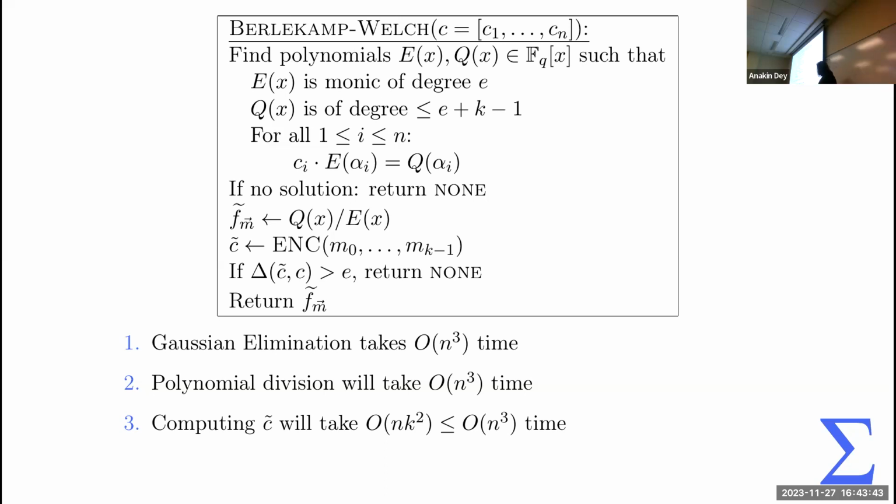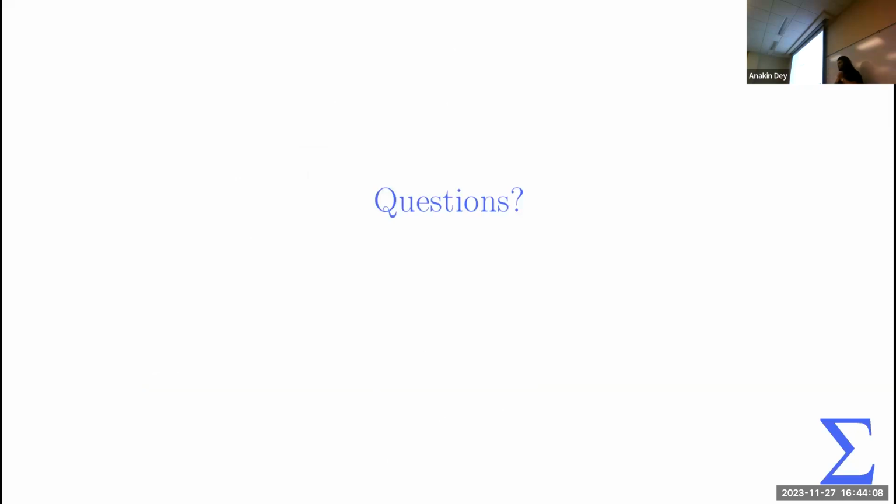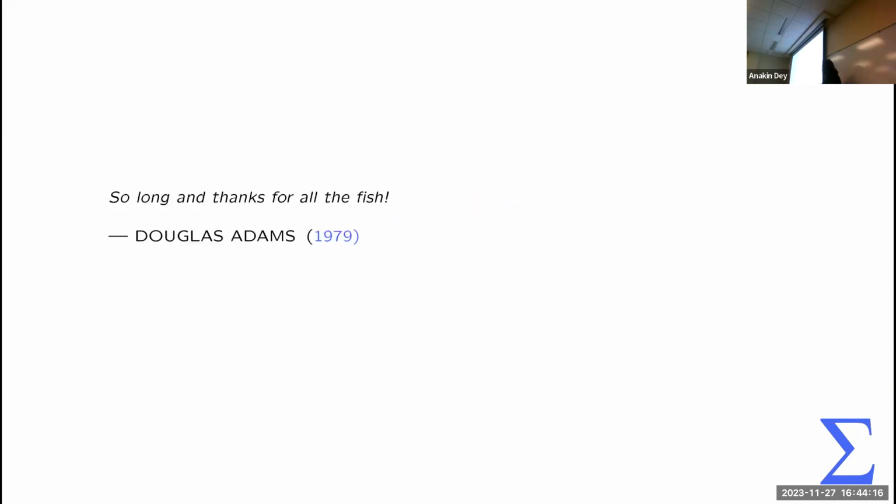Simple enough. Then computing the differences, you just go character by character, and that takes O of n time, not too bad. Overall, it takes O of n cubed time. Simple enough? Idea of the algorithm makes sense? Cool. Any other questions? Oh, I forgot to find the quote. Hey, take that quote. Okay, thank you.